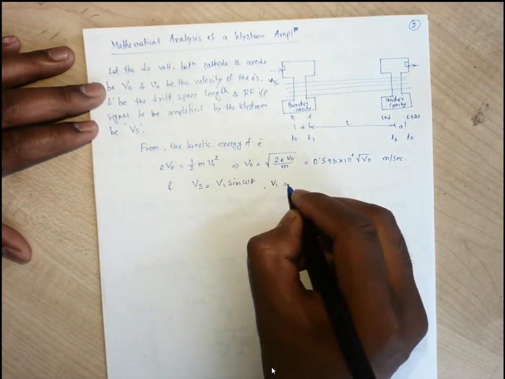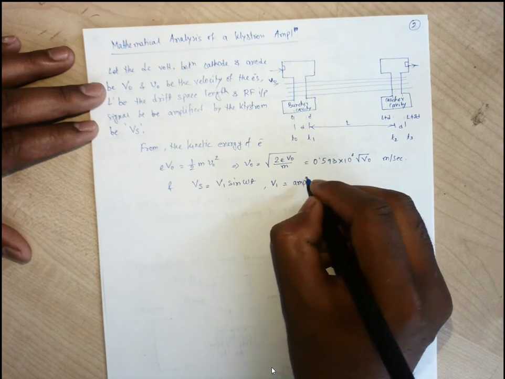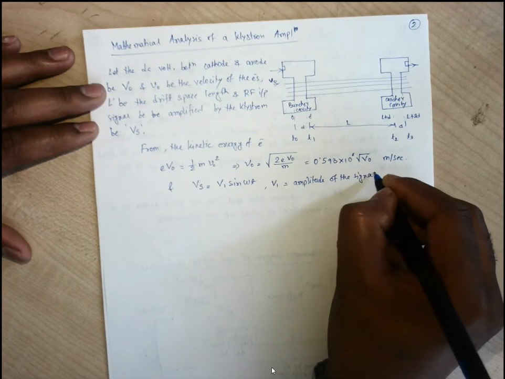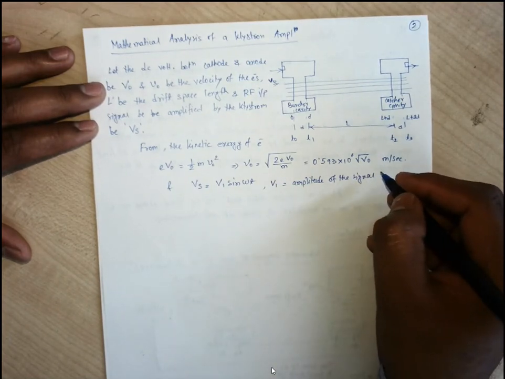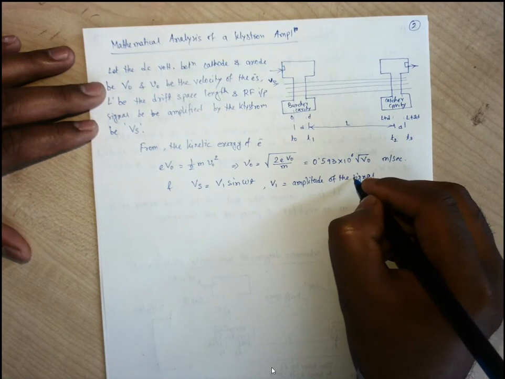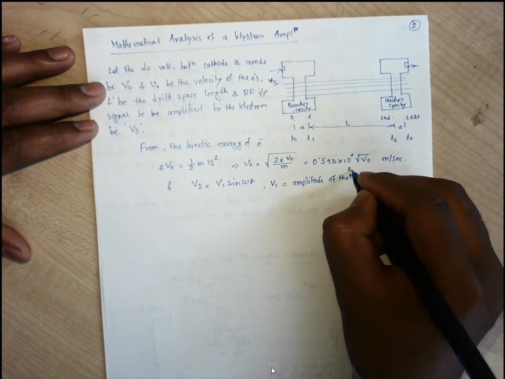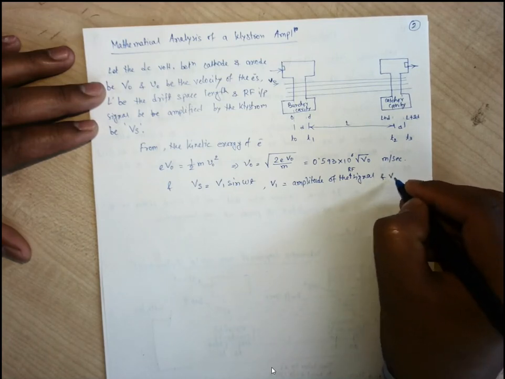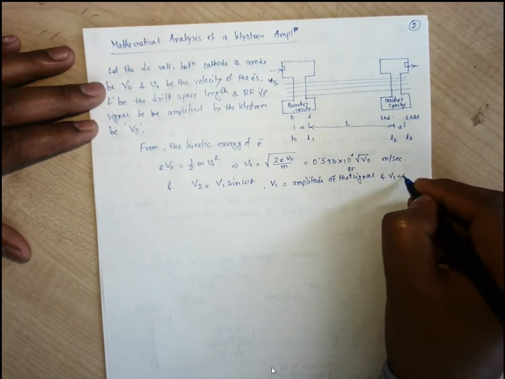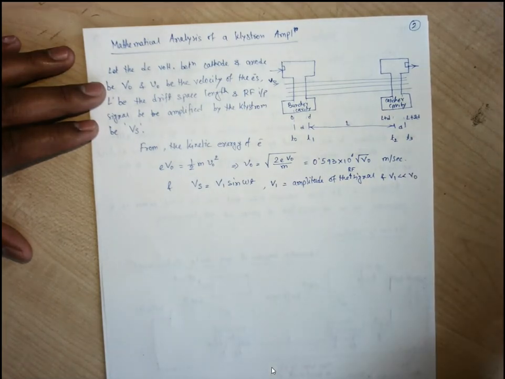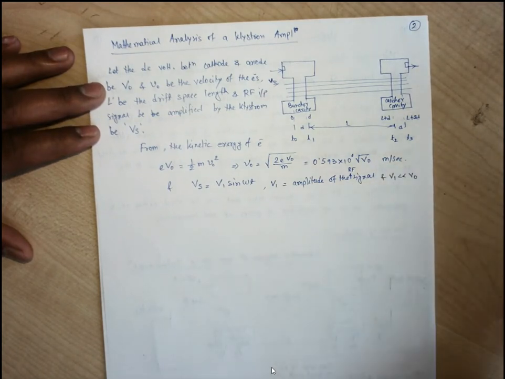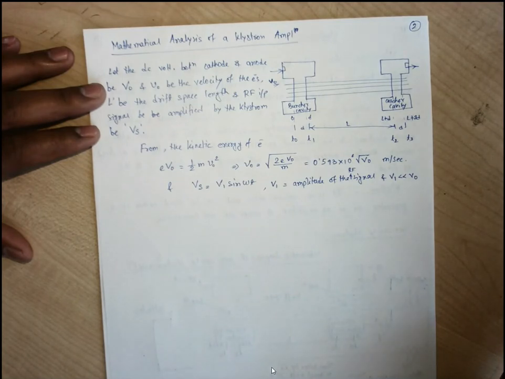V1 is the amplitude of the RF signal, and this V1 is quite less than V0. The RF signal which we are going to amplify has an amplitude quite lesser than the DC voltage applied between the cathode and anode.